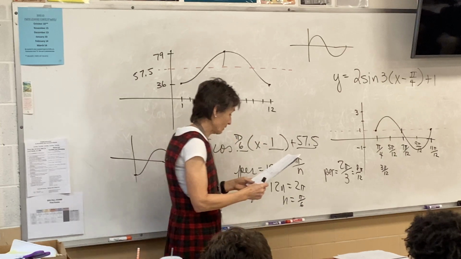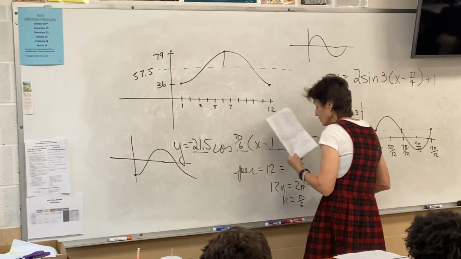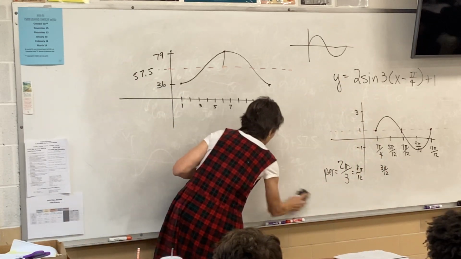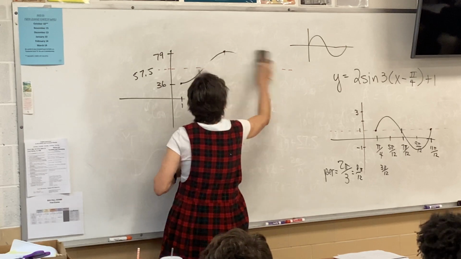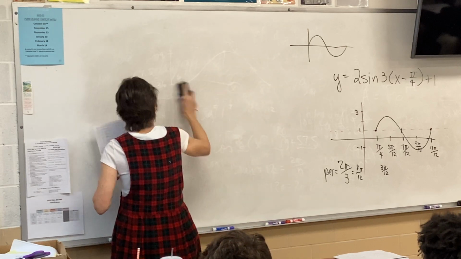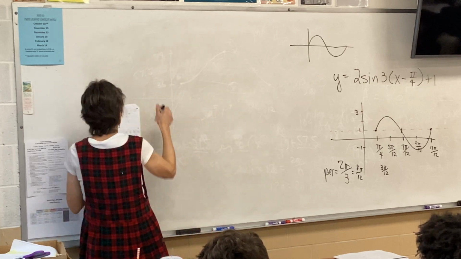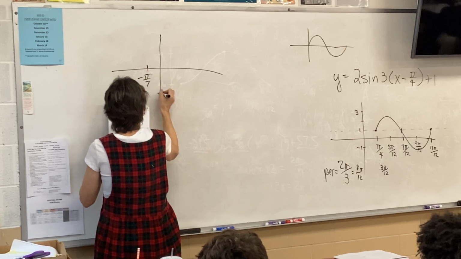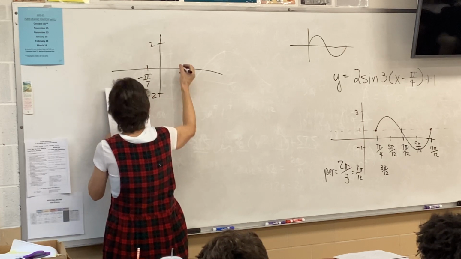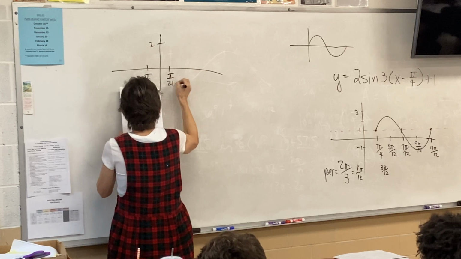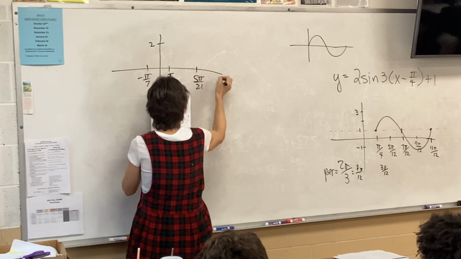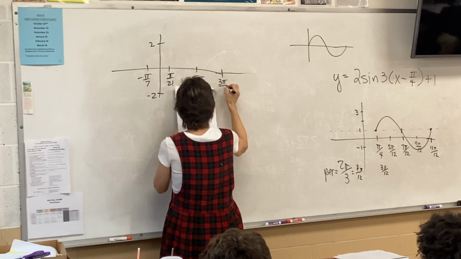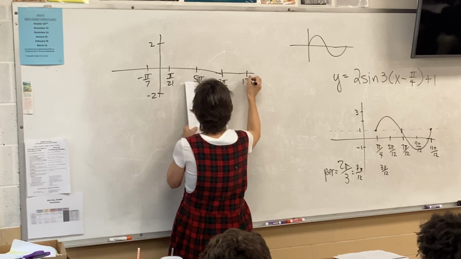Okay, now last one we're going to do here before we start our review is number 5. Where you have, it's just like this one, except the picture's already drawn for you and you're going to write an equation for it. So, alright, so here we go. I'm going to write a sine equation and a cosine equation because this thing could be either one.